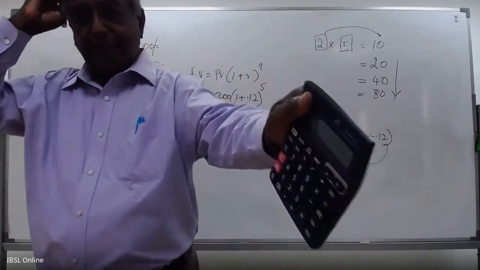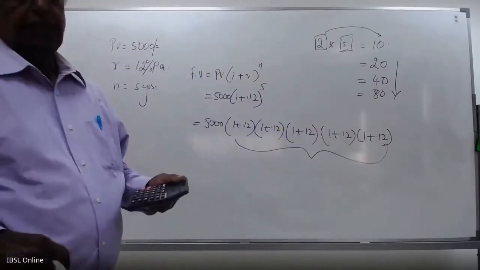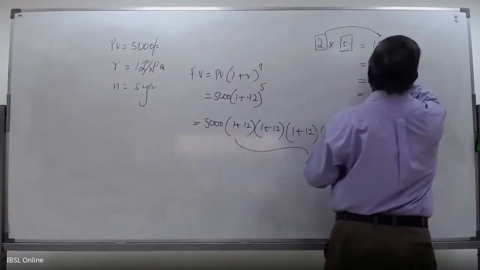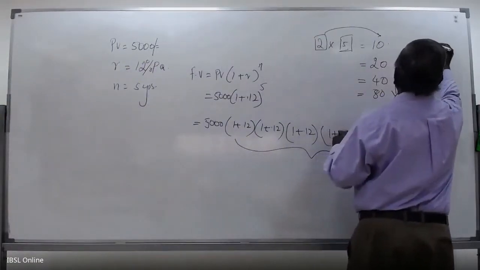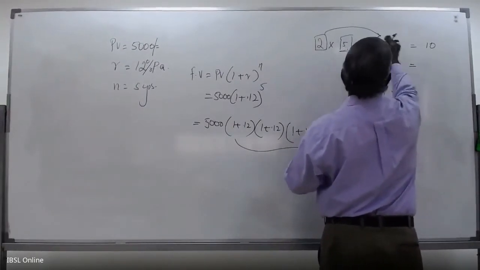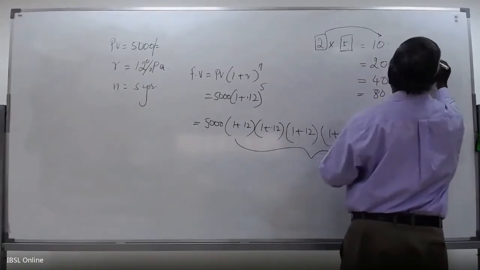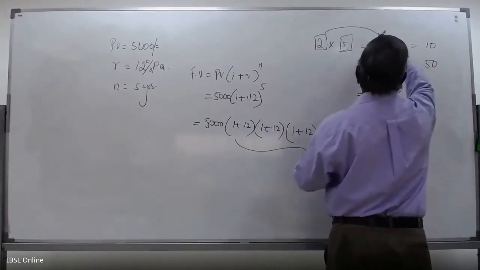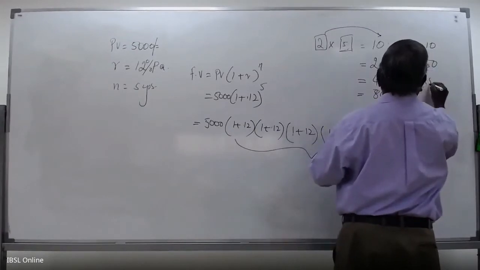This facility is there in this calculator. In some calculators, it works the other way. What is the other way? When you press, you get 10, and this 5 will multiply, so you get 50. Again you press the equal sign, this 5 will multiply, 250.